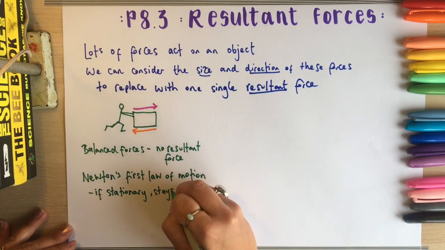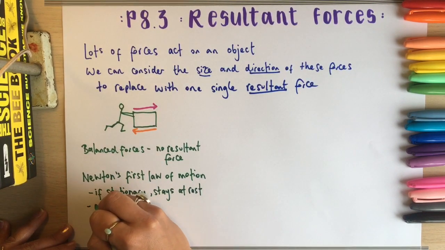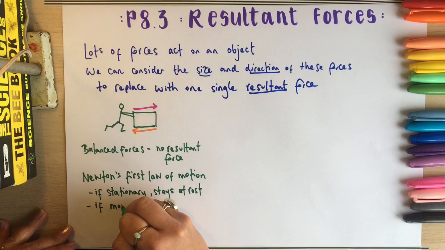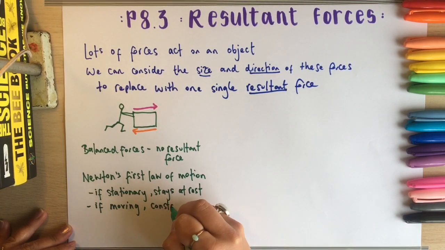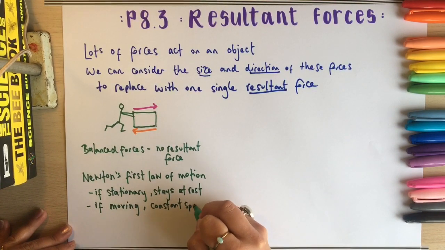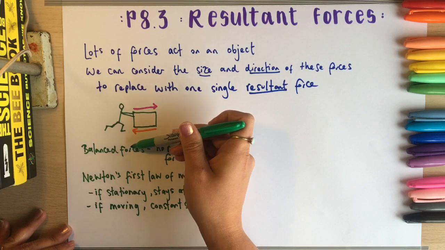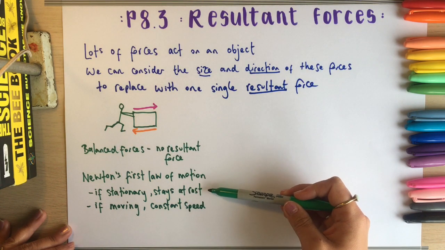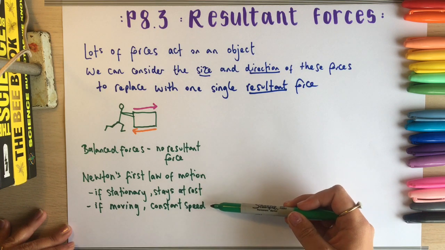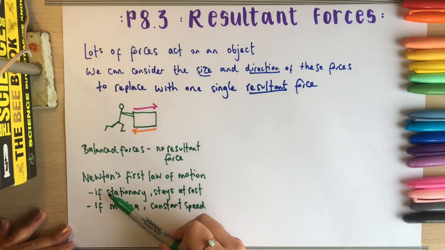So if it's stationary, it stays at rest, and if it is moving, it moves at a constant speed. Okay, so if there's no resultant force because the forces are balanced, then either it's going to be stationary or it's going to be at a constant speed, and which one of those depends on whether it was stationary to start off with or whether it was already moving.